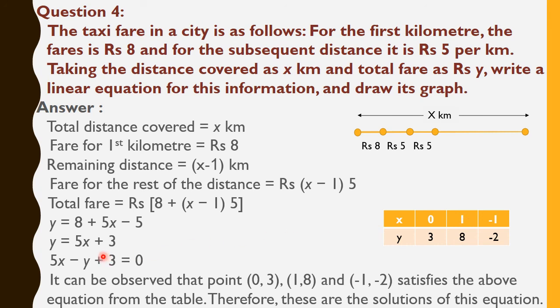Again, if we put x as 1, 5 into 1 is 5 plus 3 is 8, so y = 8. Again, for x = -1, we get y = -5 + 3, that is -2. So from this table, we can write down the ordered pairs (0, 3), (1, 8), (-1, -2).